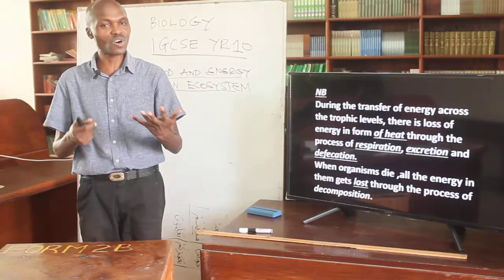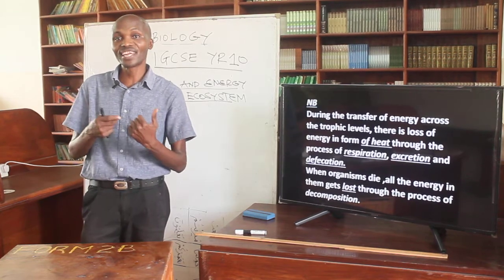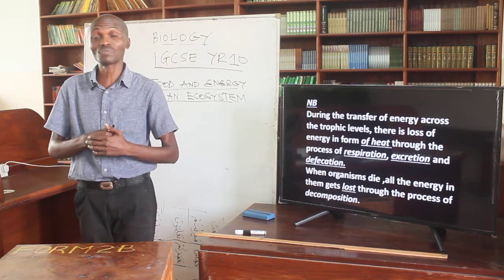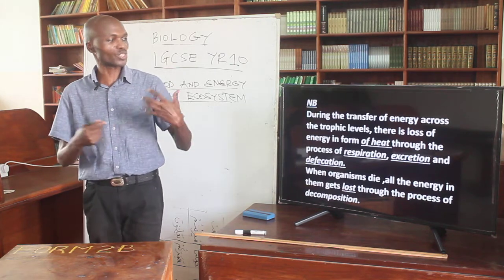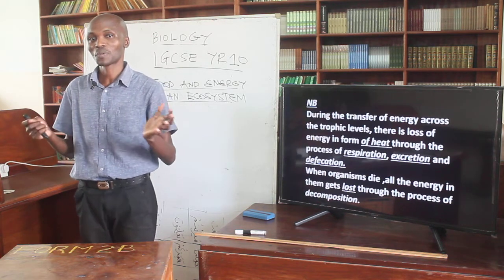Now, during the transfer of energy across the trophic levels, there is loss of energy in the form of heat, obviously from the process of respiration. Then there is also loss in form of excretion and defecation.